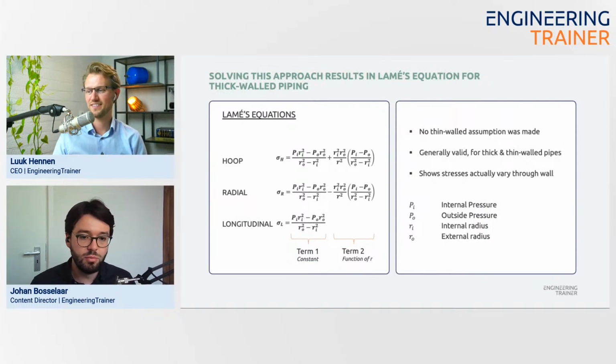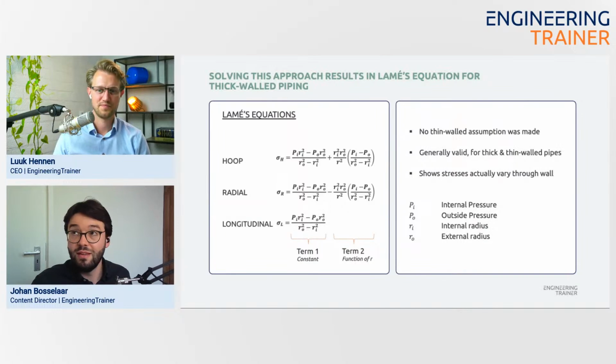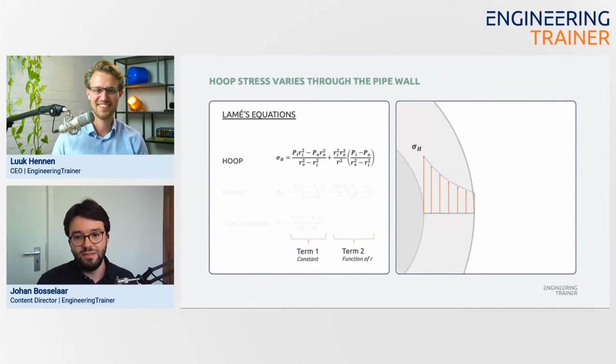And the second term could make it negative, because in the radial stress it's minus again, pi minus po. So if the internal pressure is higher than the external pressure, then that term becomes negative. So you don't really know if it's compressive or tensile, but that would be worth looking into, maybe in another stream. What are the conditions for such a situation? That could be interesting.